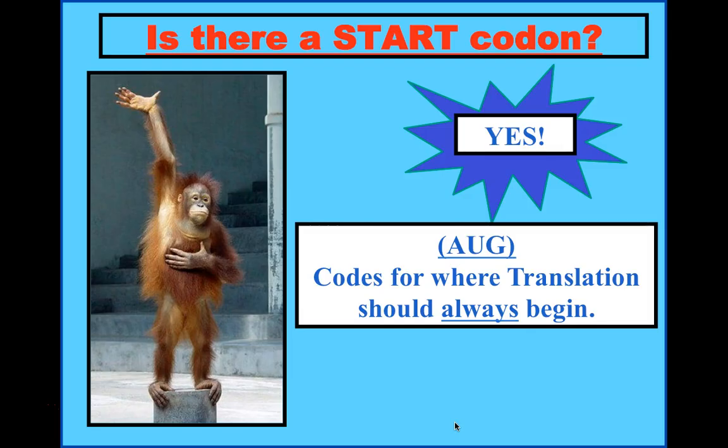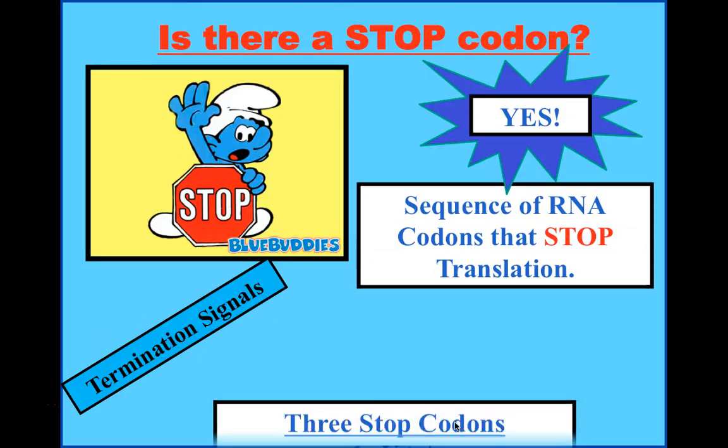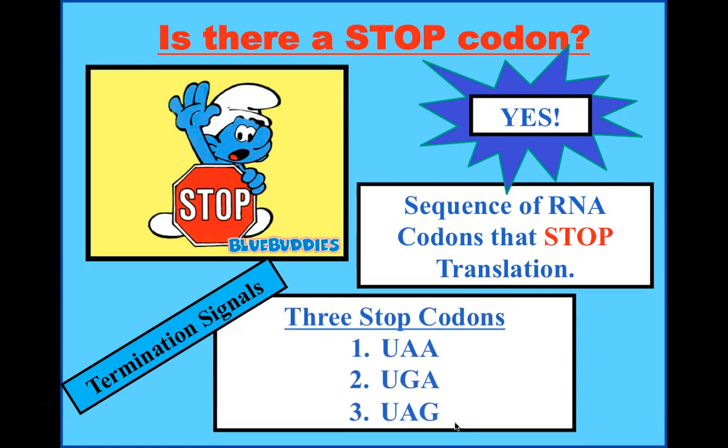There's going to be codons in between that. And then once the ribosome sees either UAA or UGA or UAG, then the message stops, and whatever codons are found after that will not be read, and there won't be amino acids produced after that point.